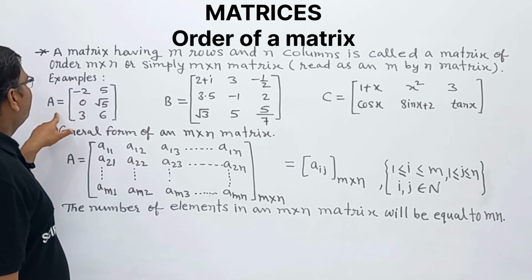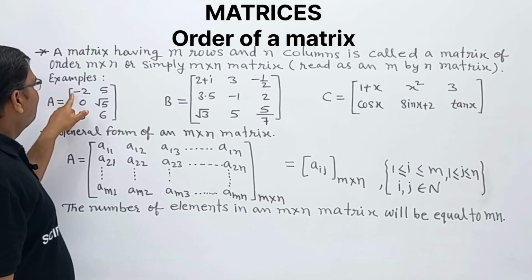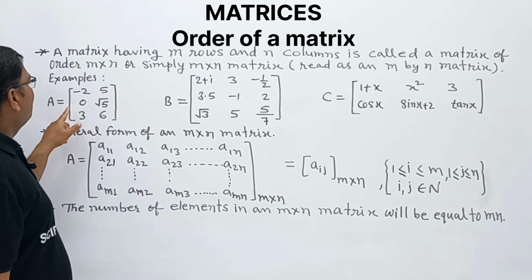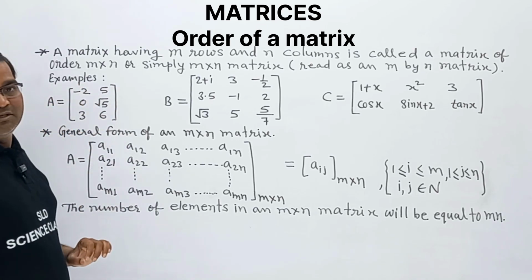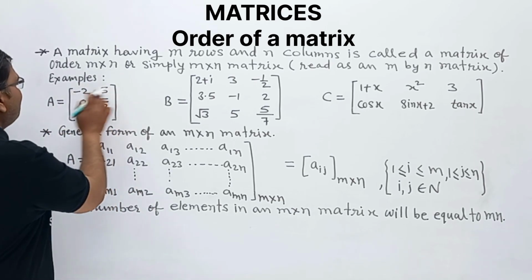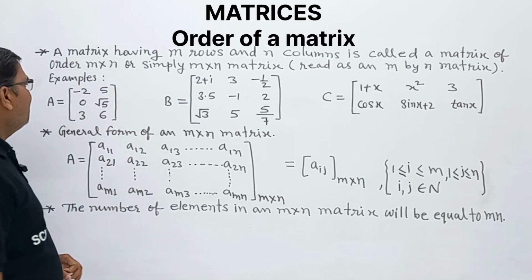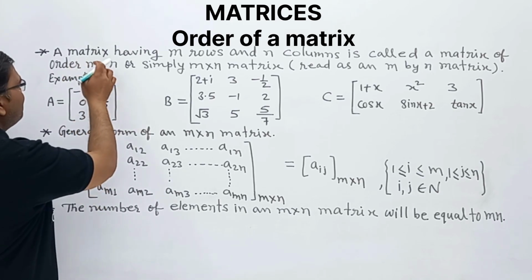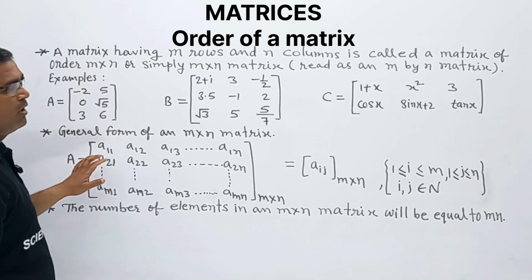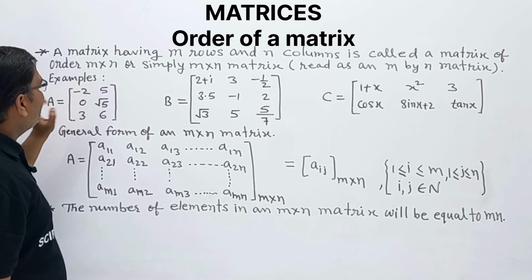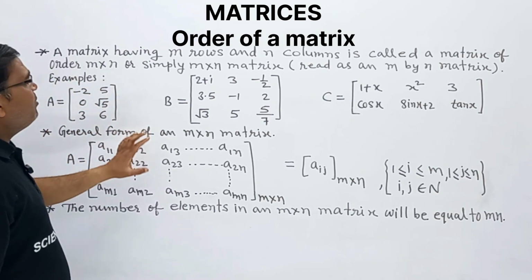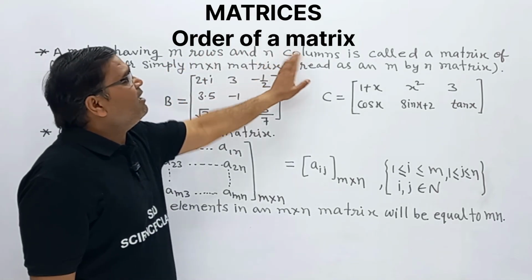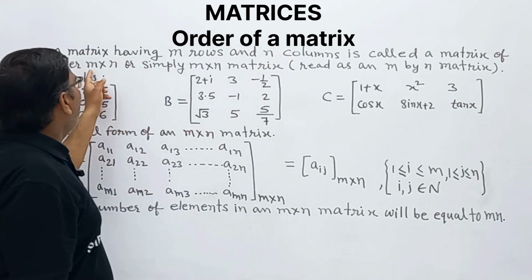Observe the first one. We have a matrix A in which this is a row, this is also a row, and this one is a row. So how many rows does this matrix have? 1, 2, 3. 3 rows. And how many columns? This one is a column, this one is a column. So, 2 columns. So this matrix has 3 rows and 2 columns. Any matrix having m rows and n columns, the order will be m into n.